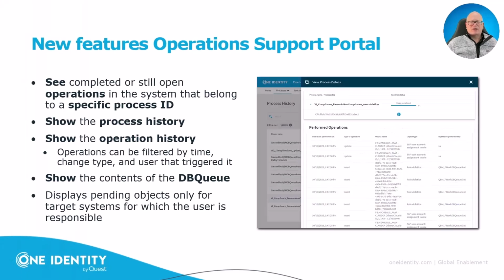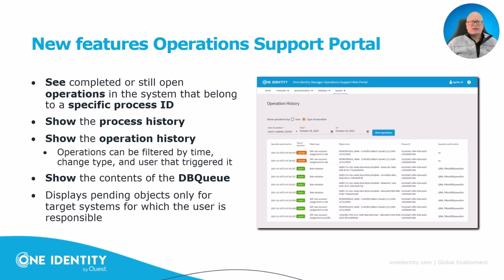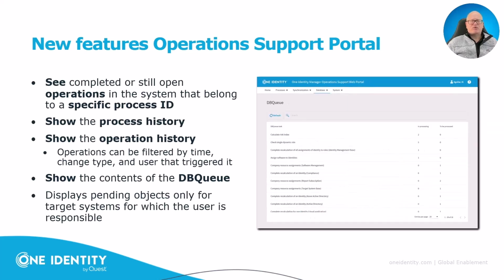The same goes for the operations support portal. There are new features implemented as well. In the operations support portal, first of all, you can see all the operations context specific to a specific process ID. What is meant by that? Sometimes data changes initiated by one process or one person lead to many follow-up changes. The data modification you did triggers other data modifications, and they trigger further data modifications, and so on. From a system perspective, it is not 100% clear who was doing what.